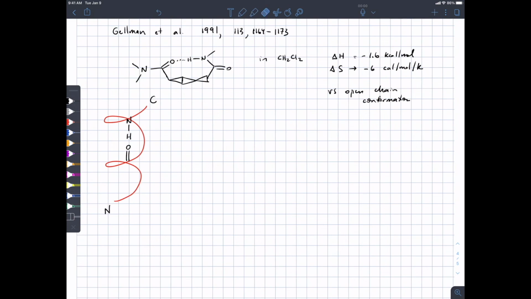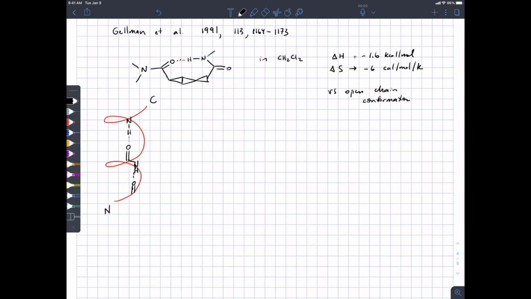You have hydrogen bonds from one turn of the helix to the other, and these are thought to stabilize the helix. And the question is, by how much?